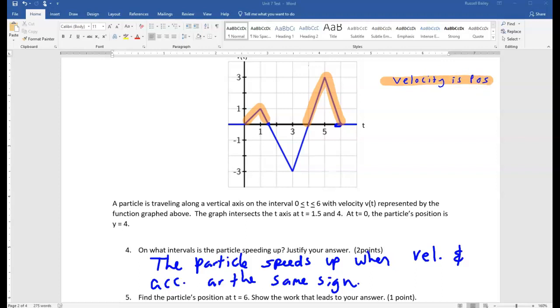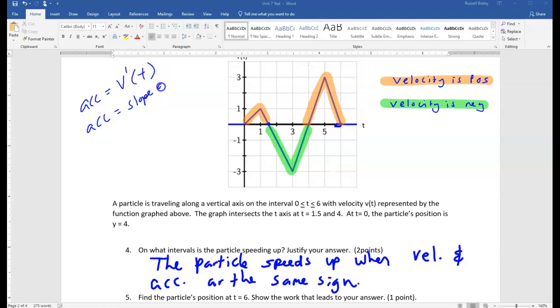And anytime it's below the x-axis, velocity is negative. Now, acceleration is the derivative of velocity. In other words, acceleration is the slope of my graph of v.